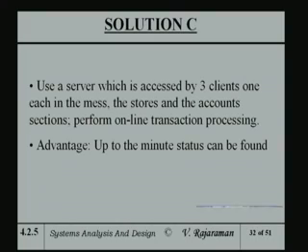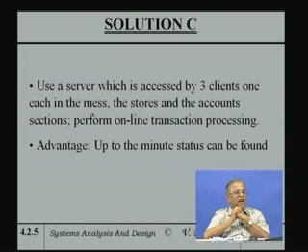Solution C is to use a server which is accessed by 3 clients, one each in the mess and in the stores and the account section. The advantage of this is that in the mess supervisor enters as soon as a student takes some extras and so on, and at the end of the day you have an up-to-date value of the number of students who ate in the mess that day and what extras are given and so on.